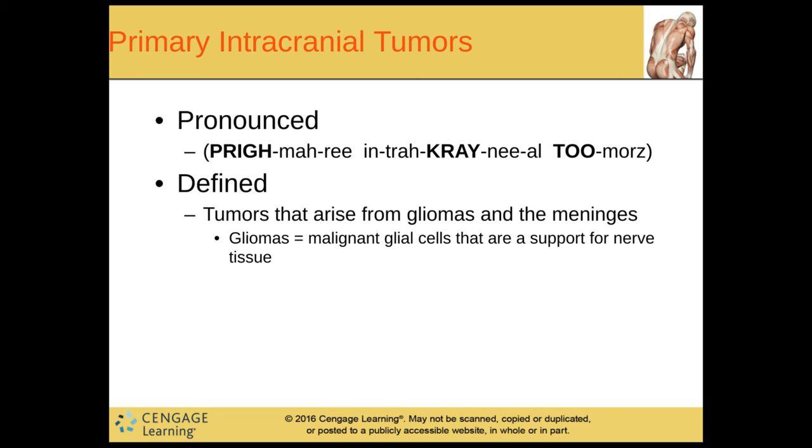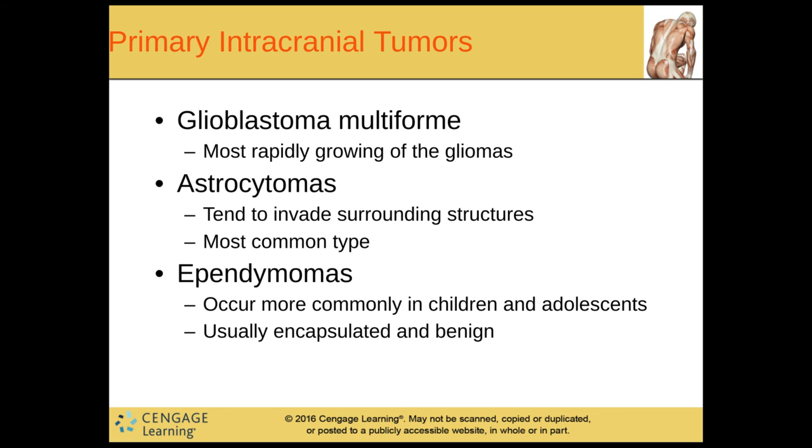So a primary intracranial tumor is a tumor that arises from the gliomas and the meninges. So a glioma is a malignant tumor of glial cells, which are a support for nerve tissue. So glioblastoma multiforme is the most rapidly growing of the gliomas.